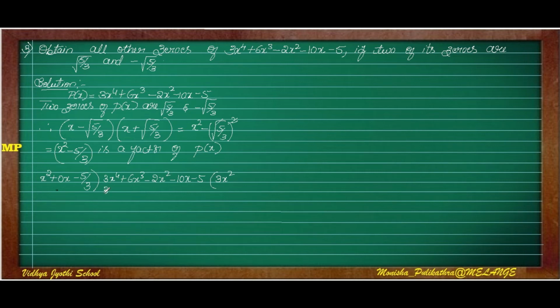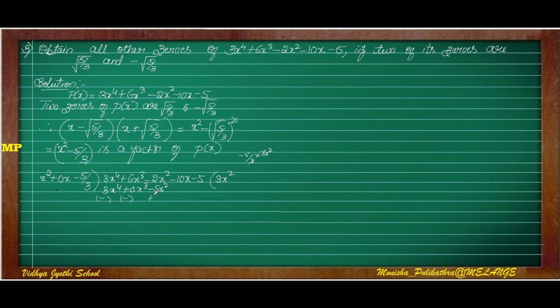So it will become 3x to the power of 4. So here 0 into x will become 0x cube. So here minus 5 by 3 into 3x square, this 3 gets cancelled. So remaining is minus 5x square.